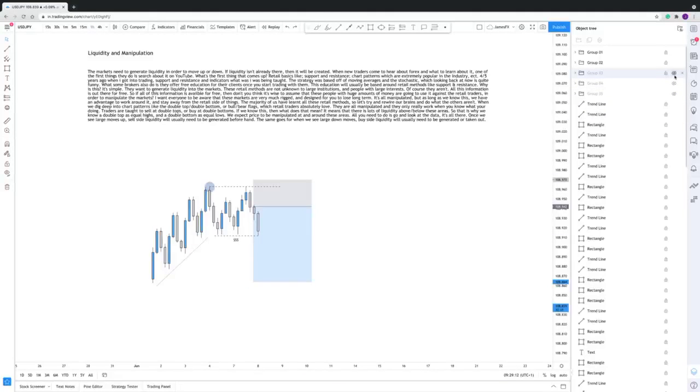So what's likely to be going on here? Well, we're likely to come back up. Now, people who are in the sells, if they're well risk managed, may have moved to break even, but it's unlikely. This is what's going to happen more times than not.